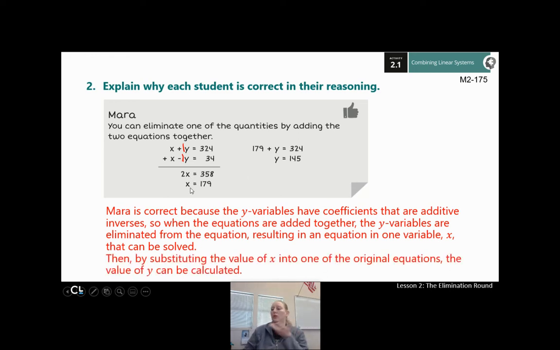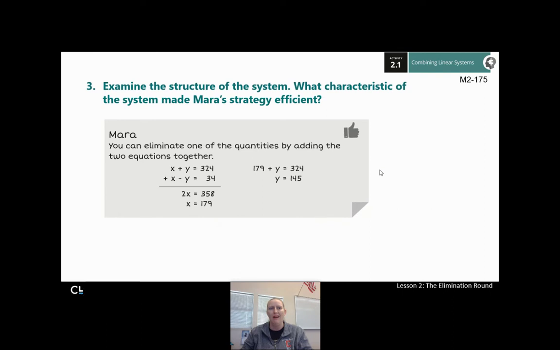And then, of course, once we found X, we substituted it into one of the original equations so that we could calculate the value of Y. So Mara's method is also interesting, and it worked so well because those two Y's had coefficients that were additive inverses. They were opposites of each other. So that's why Mara's method of eliminating worked so well, because you added them together and it killed off one of the variables. It's kind of freaking awesome. And I think that kind of answered question number 3.